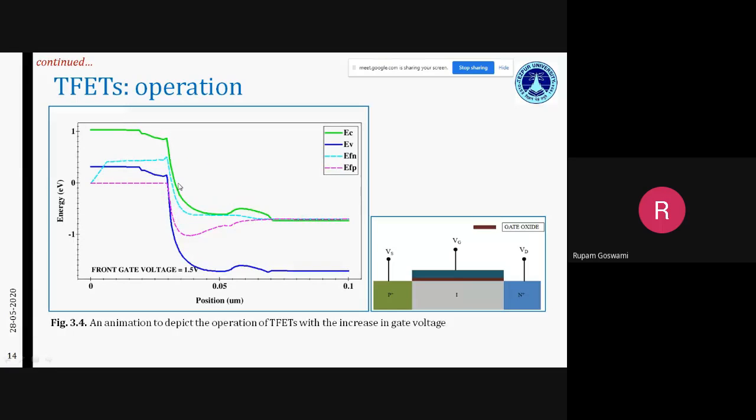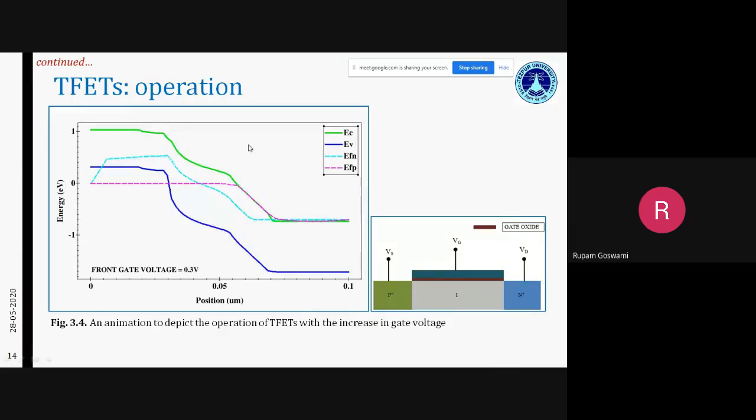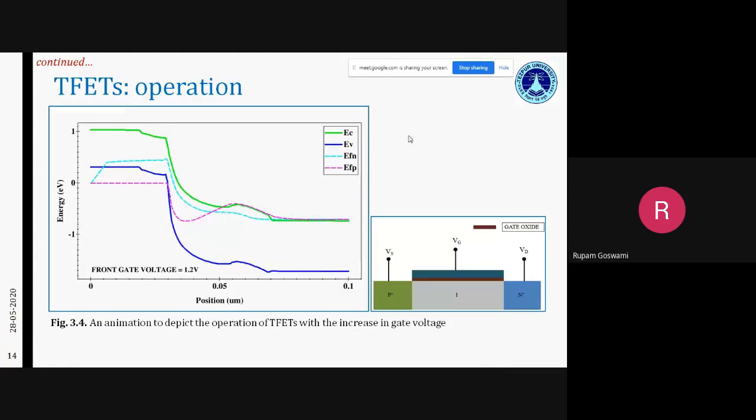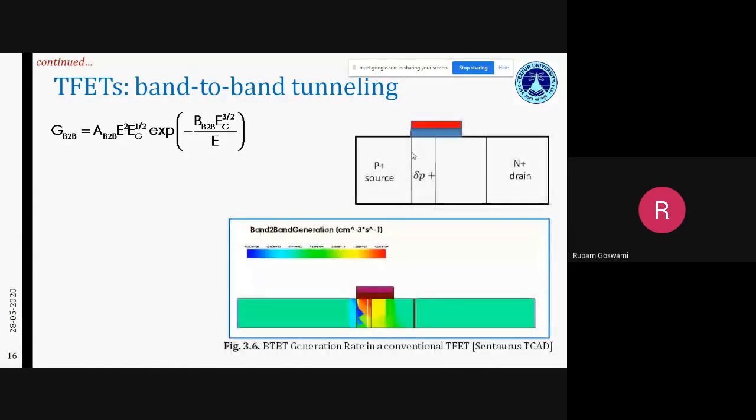In the on state, you can see the steepness increases, and that is what is required for your tunnel FETs to operate.